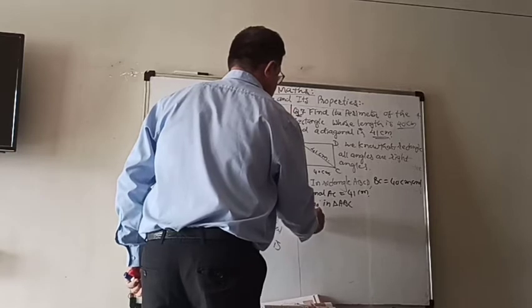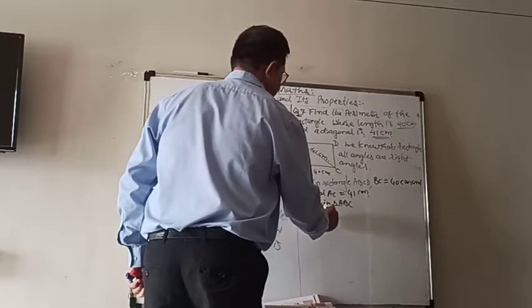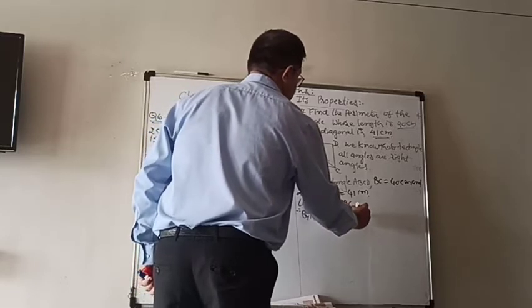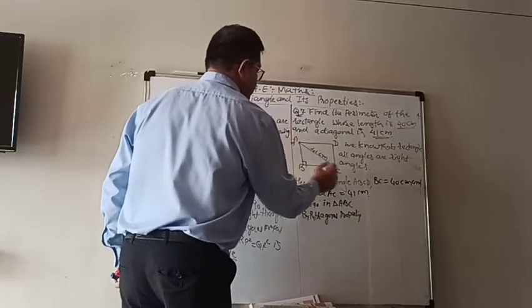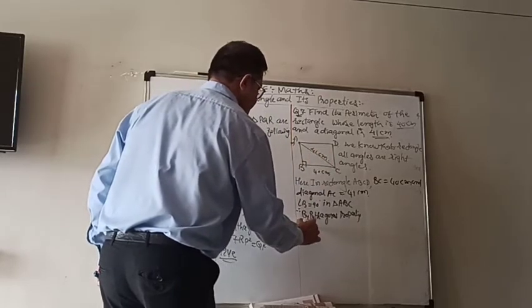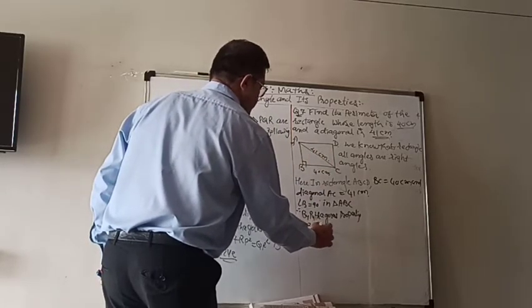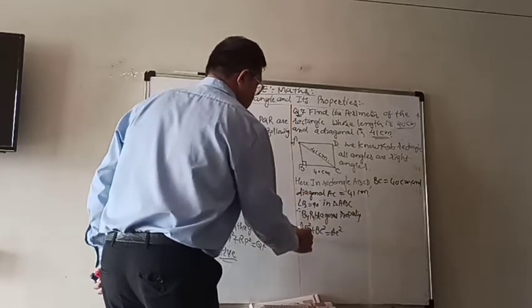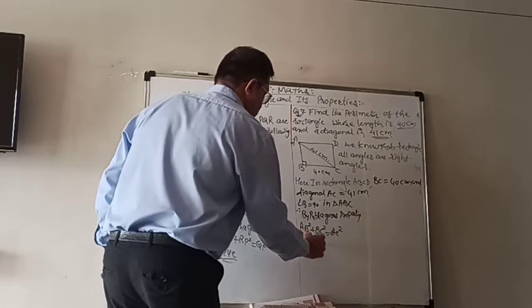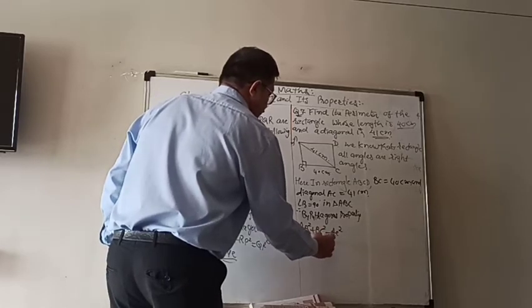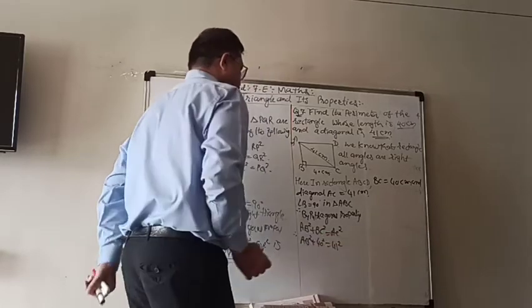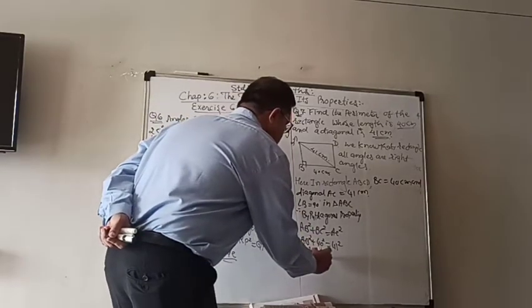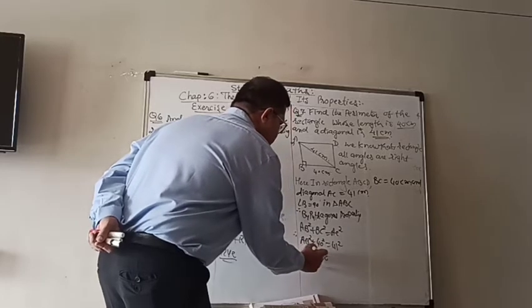Therefore, by Pythagoras property, AB square plus BC square is equal to AC square. Therefore, AB square plus 40 square is equal to 41 square. So AB square plus 40 square is 1600.